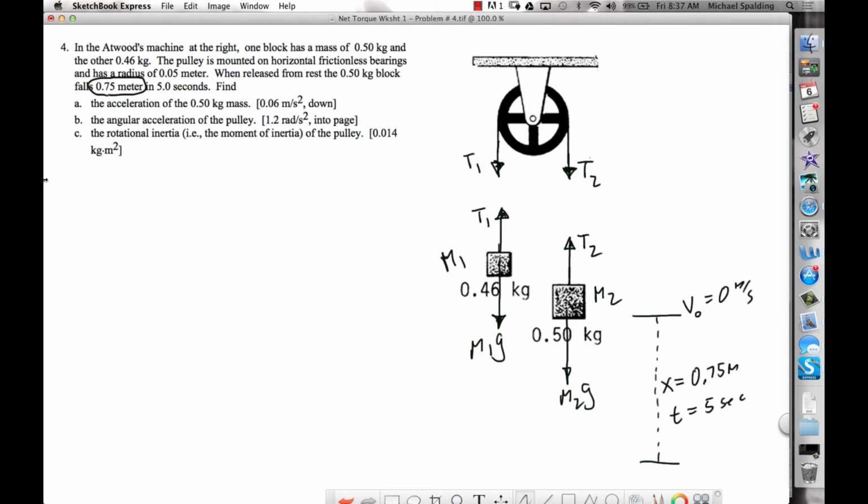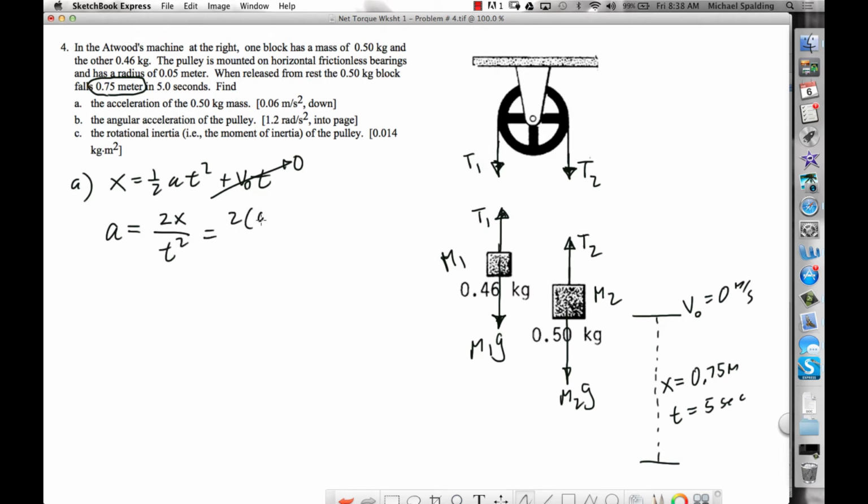So the first question can be solved with a kinematic. You just go X equals 1/2 AT squared. The most commonly used kinematic, V initial is 0. So the acceleration of M2 as it comes down must be equal to 2x over t squared.